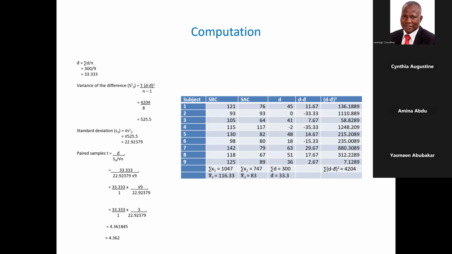If this value is very high, then if you run it now, the result is going to be very significant, because the critical value for that degree of freedom is very small. So this 4.3 is far above the critical value.